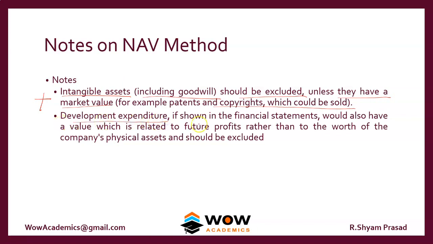Development expenditure, if shown in the financial statements, could also have a value which is related to the future rather than to the worth of the company's physical assets. Hence, it should be excluded. So if there's any development expenditure, that value should also be excluded.